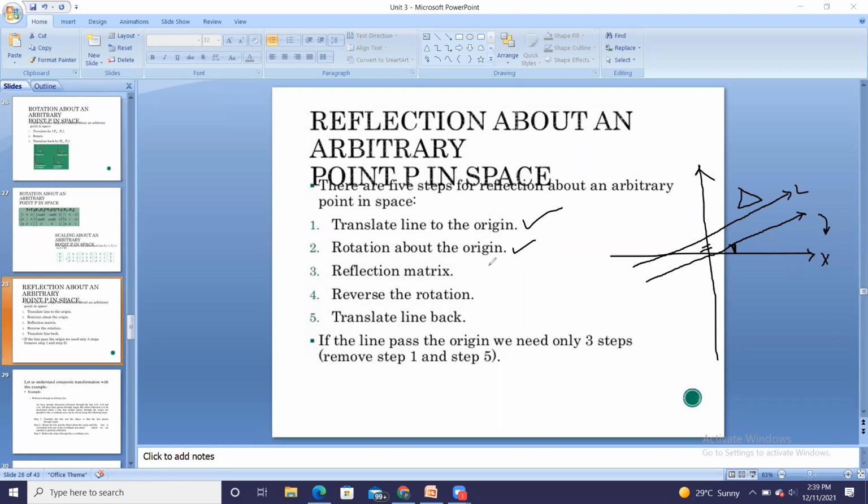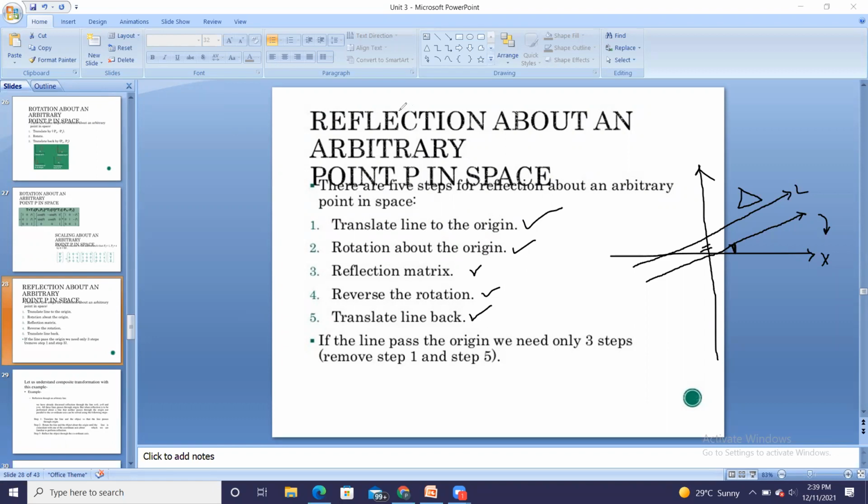Then carry out the reflection and do the reverse process, that is, the inverse rotation and inverse translation. So reverse the rotation and reverse the translation effect. These are the 5 steps we have to carry out for solving these types of problems.